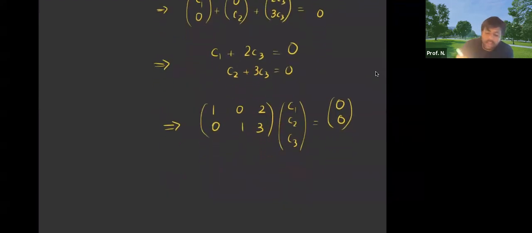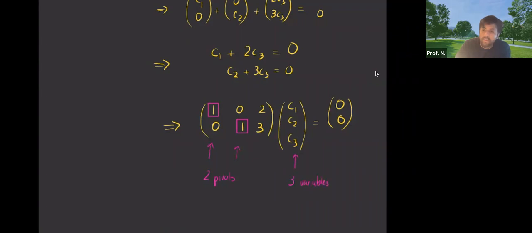Now, what happens with a coefficient matrix like this? I don't know if you remember. This is already in row reduced echelon form. What do we have? We have 2 pivots. But then how many variables do we have? We have 3.